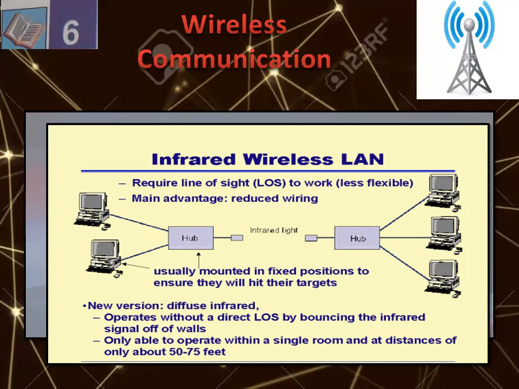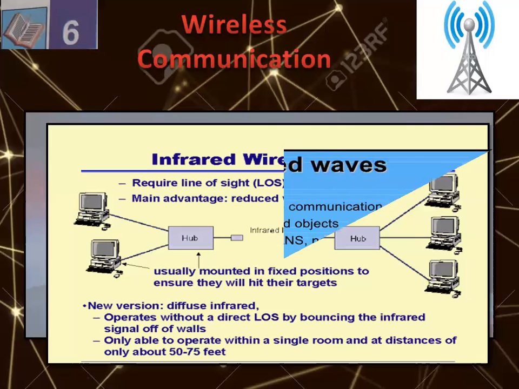New versions are diffuse infrared, which operates without a direct line of sight by bouncing the infrared signal off walls. It is only able to operate within a single room and at a distance of only about 50 to 70 feet.